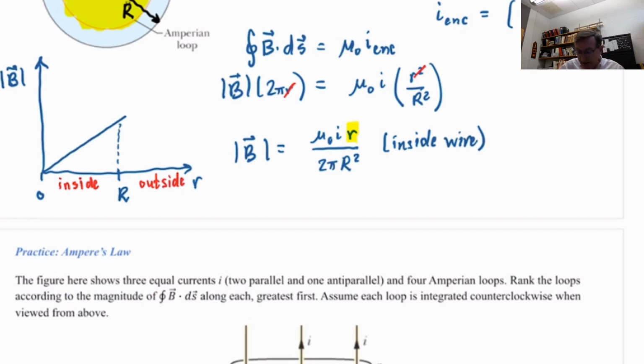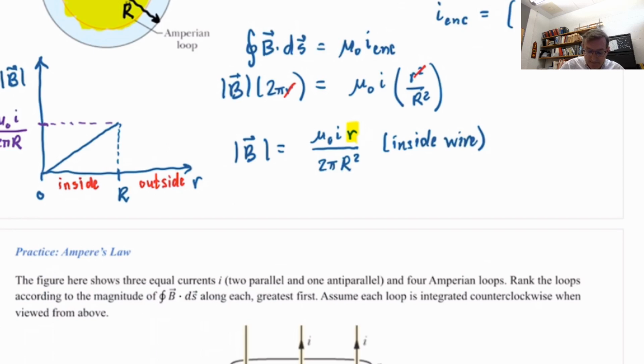The slope of it is mu 0 I over 2 pi big R squared. And then over here, that's the B value when you are at the surface. When I put in little r equal to big R, I get mu 0 I over 2 pi big R.